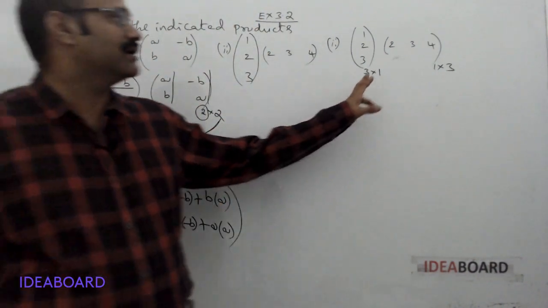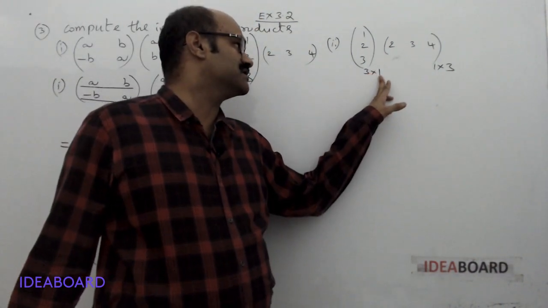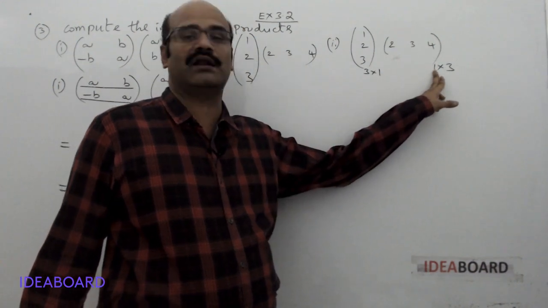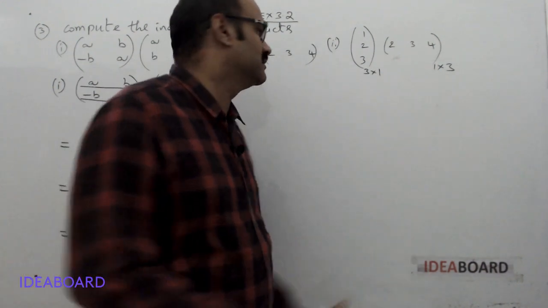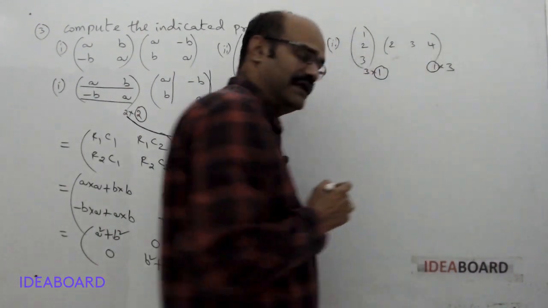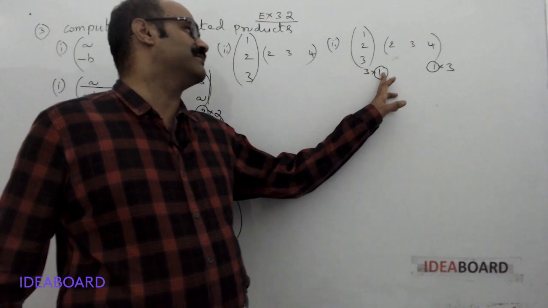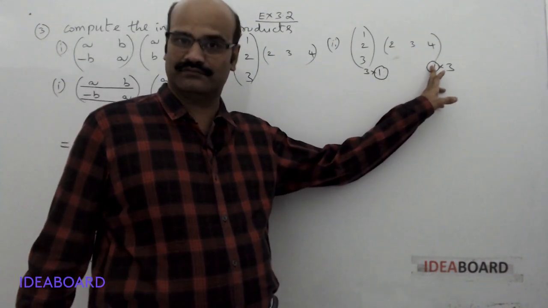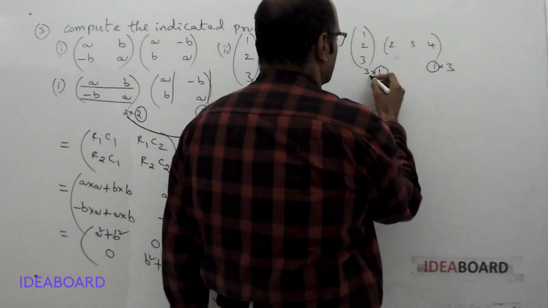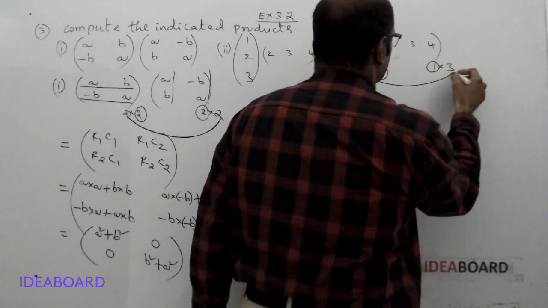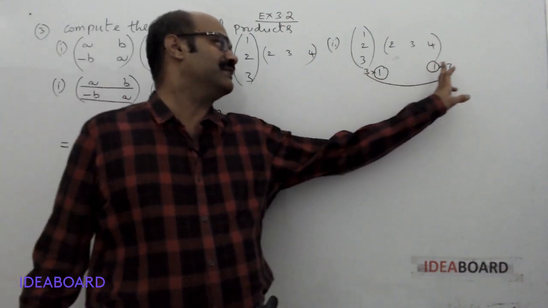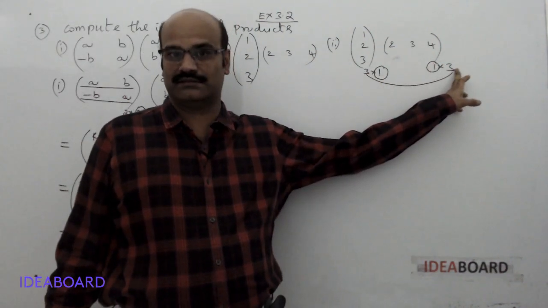We have to verify whether the number of columns in the first matrix is equal to the number of rows in the second matrix. Yes, here we have 1, here we have 1. Then we say that matrix multiplication is possible. Now, after multiplying these two matrices, we have to get a 3 by 3 matrix.